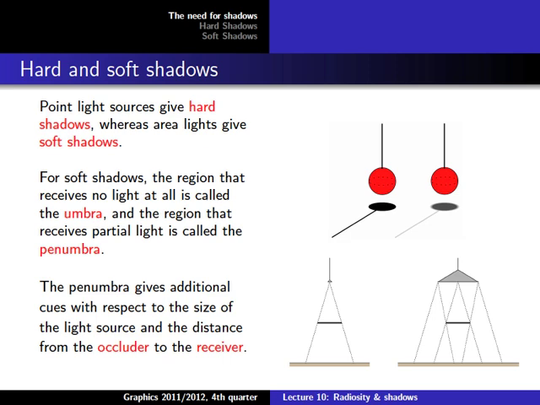Whereas for a soft shadow we have a smoother transition between the area that is completely in shadow and the area where there is no shadow at all. And the terms for this are: we call the region where we have a complete shadow, where there is no light at all, the umbra, and the area that is partly between the light and partly between the shadows, the penumbra.